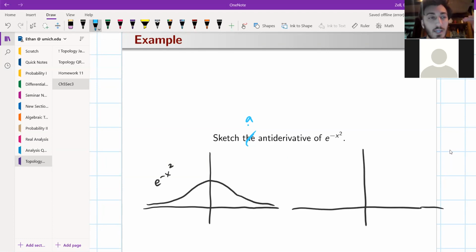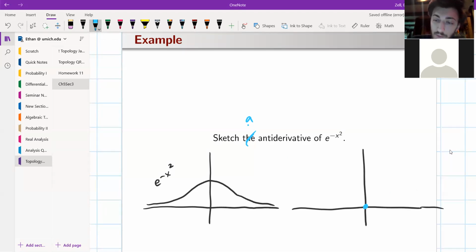So I'm going to actually sketch two of these just to show you how they would differ on a graph. Let's pick our antiderivative to contain this point. And I haven't told you this yet, but it's true that if I fix one point of our antiderivative, then that plus c is determined, which means that I can graph this with confidence.